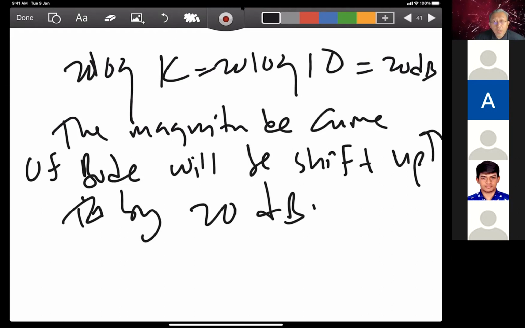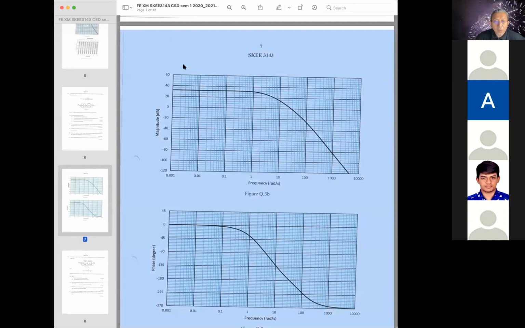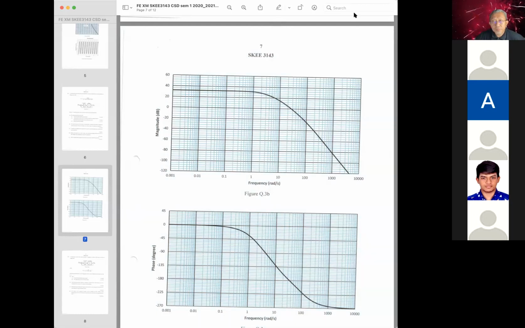So this one is 32, am I right? 32 plus 20 is 52.